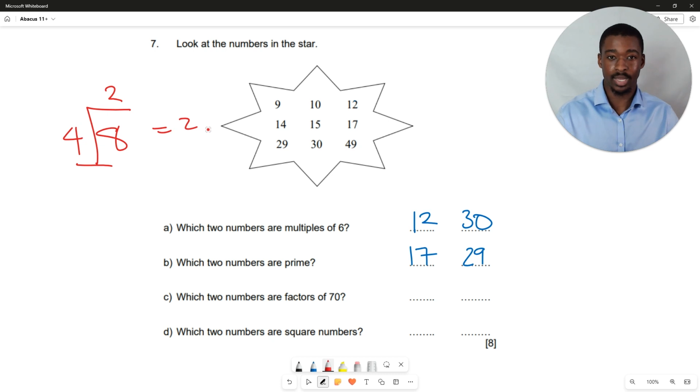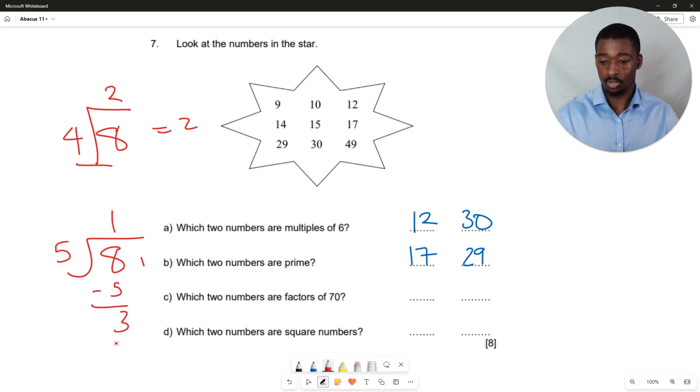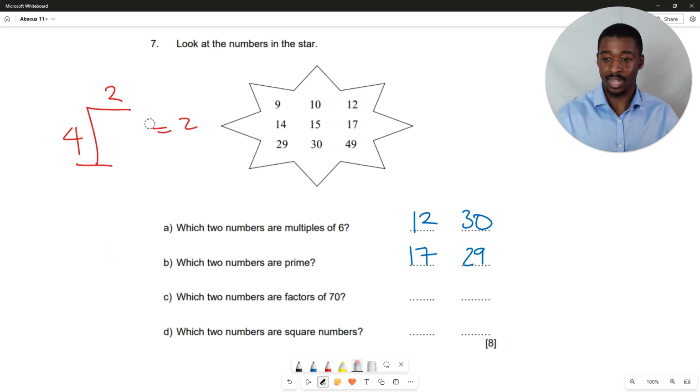It's 2, no remainders. But if we try and divide that same 8 by 5, look what happens. Yes, 5 goes into 8 once, but then we have a remainder of 3. So the answer here would be 1 remainder 3. So whenever we have this remainder situation, that tells us that the number, 5 in this case, is not a factor of the other number.